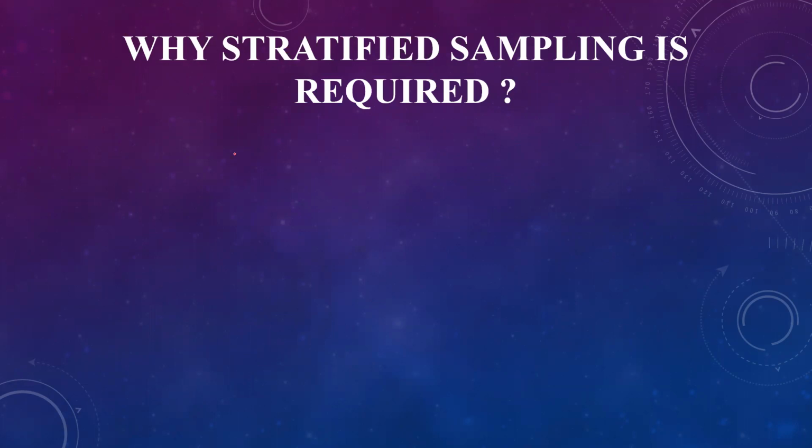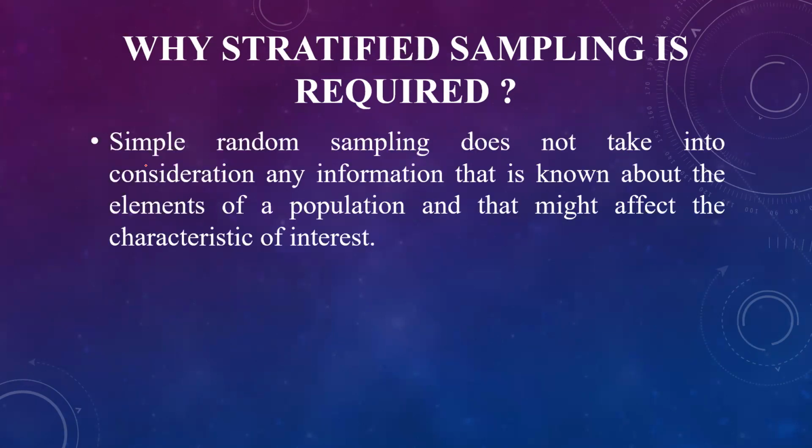For understanding the stratified sampling method, we begin from simple random sampling, which does not take into consideration any information that is known about the elements of the population, and that might affect the characteristics of interest.